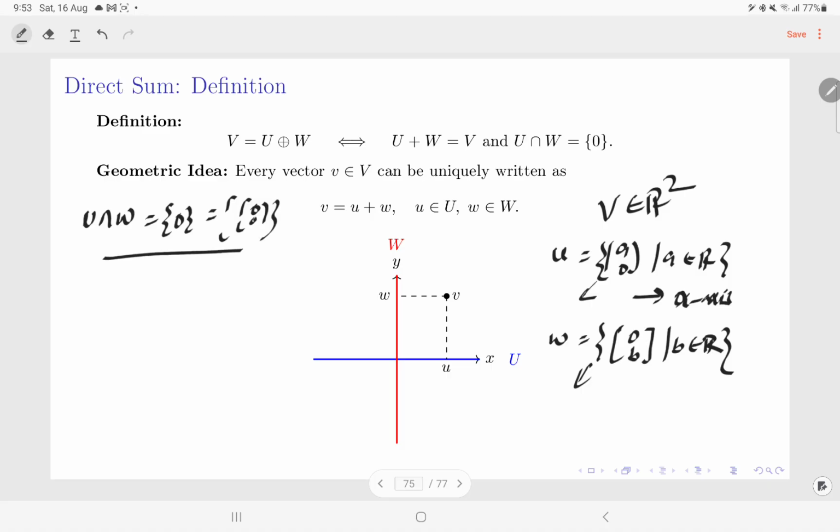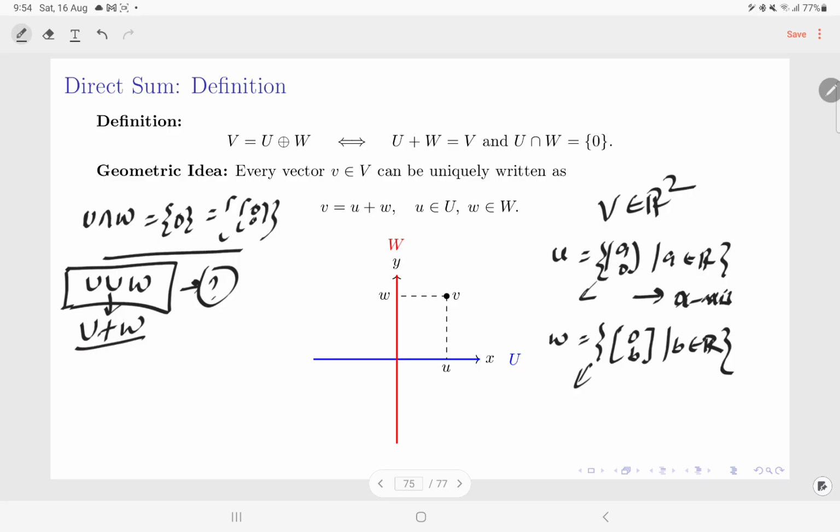And what about U union W? And what about U plus W? What is the difference between these two? As the video is very long, I'll give you an example.